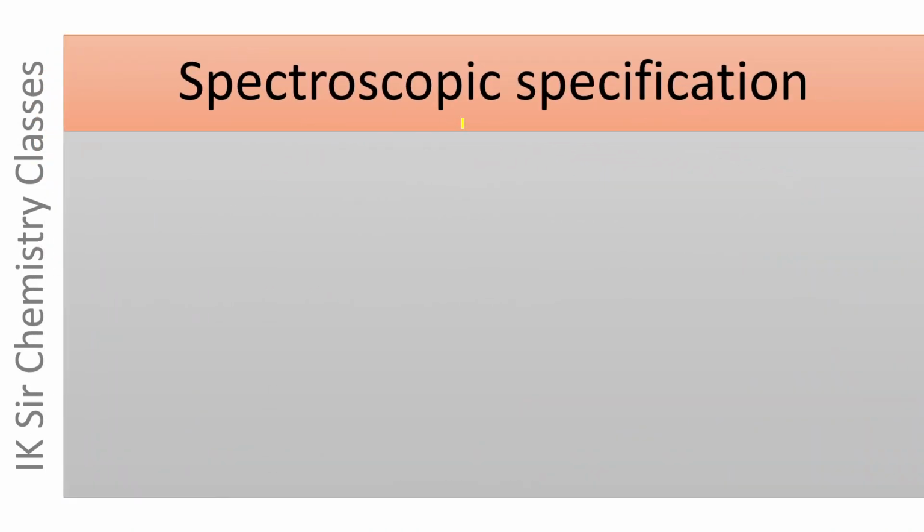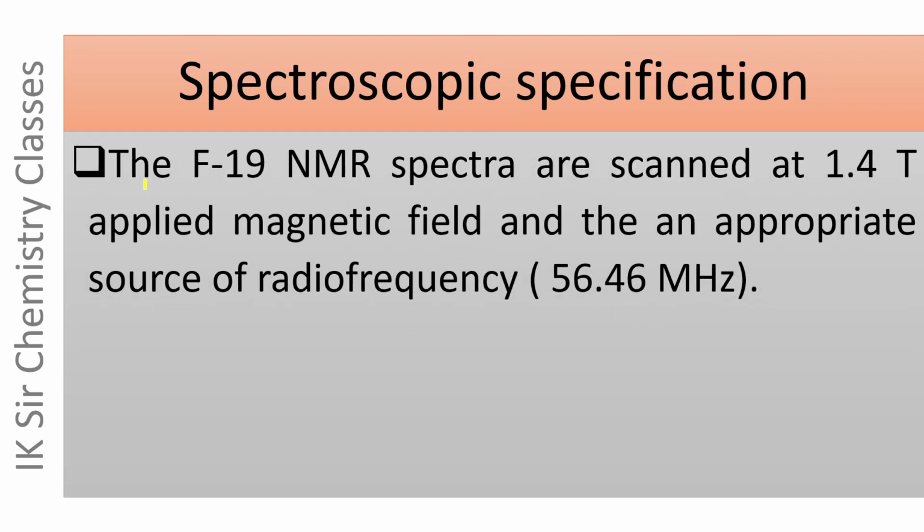A spectroscopic specification. The F-19 NMR spectra are scanned at 1.4 Tesla applied magnetic field, and the appropriate source of radio frequency equal to 5.646 megahertz.